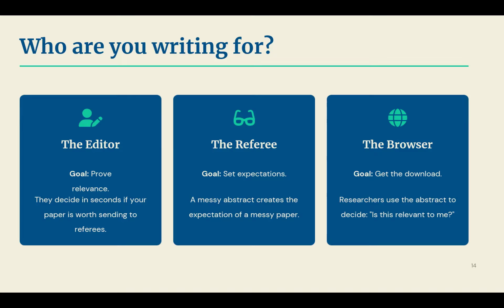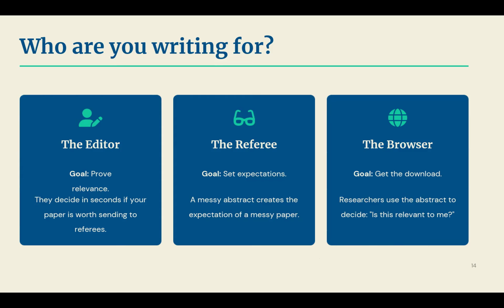It is actually the abstract that tells whether this work is relevant to the works that they are looking for information on. So keep in mind that when you're writing the abstract, you have to keep 3 people in mind: the editor, the referees, and of course the reader and the browser.